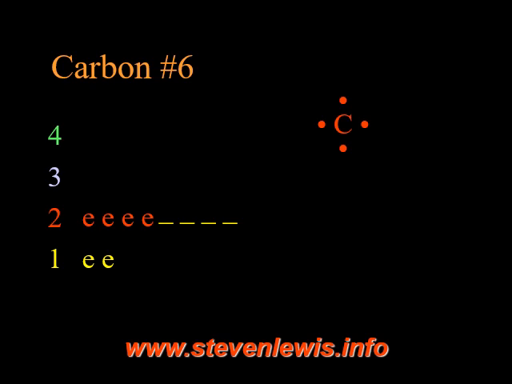What can we do? Well, here we have carbon written with its valence electrons. What we can do is bring on hydrogens to fulfill the need of carbon for additional valence electrons. One hydrogen is not going to be enough. Two hydrogens bonded to carbon is not going to be enough.